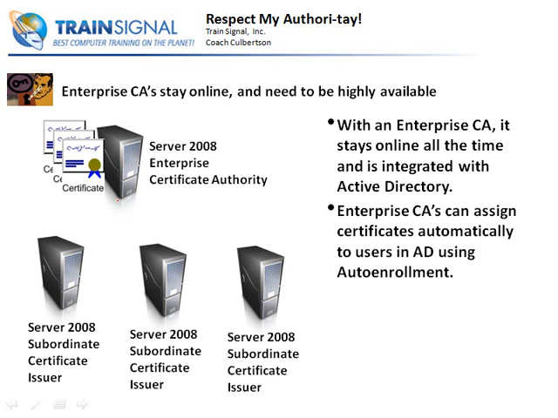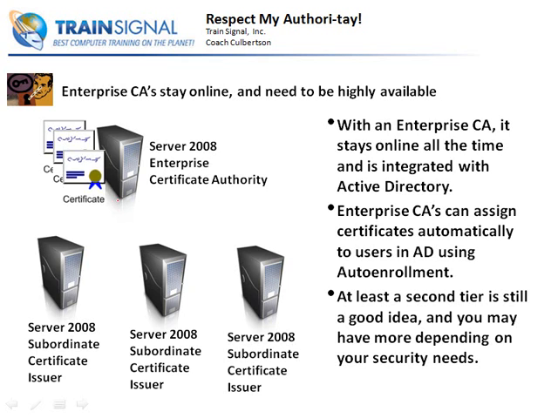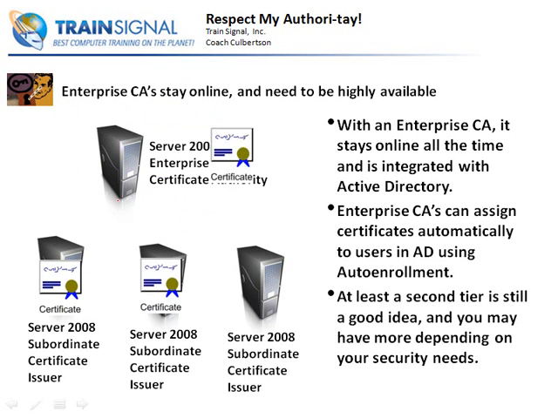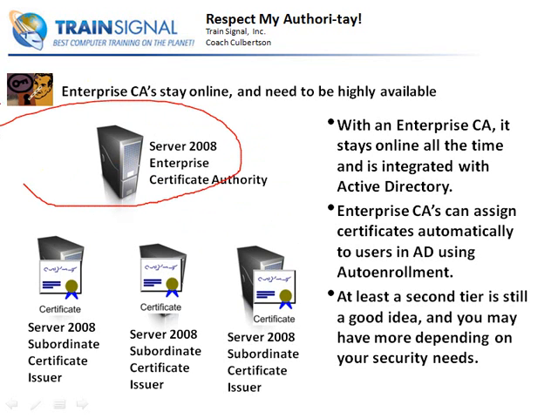Once those users have certificates from auto-enrollment, then we can still use that second tier and issue those certificates out using other servers. We still want to protect our root enterprise certificate authority. Can you have an enterprise certificate authority just hand out certificates to users and anybody who might need or want them without having to have other subordinate servers?